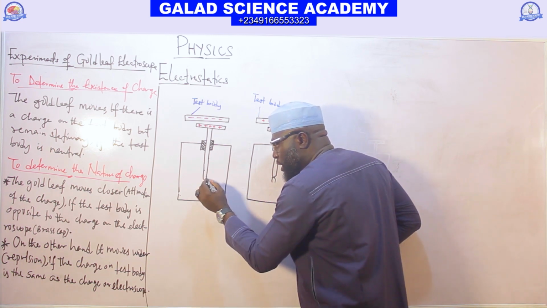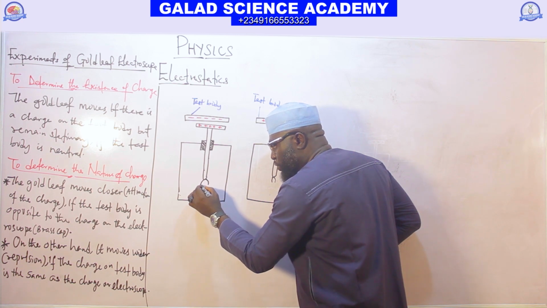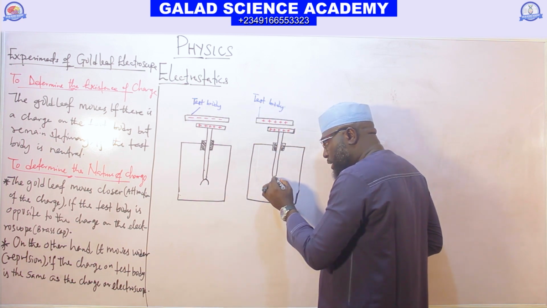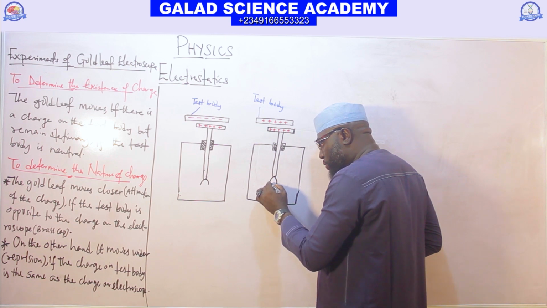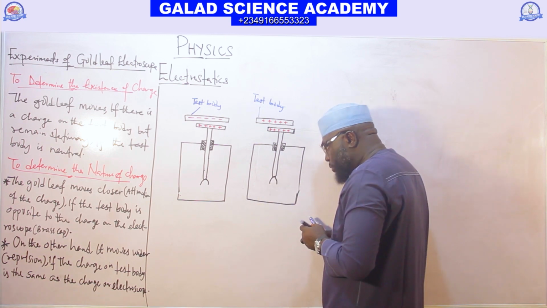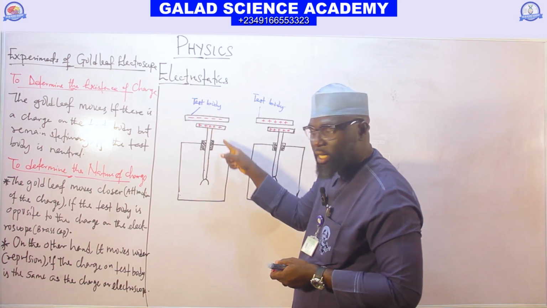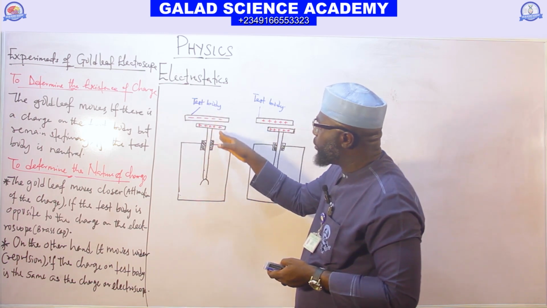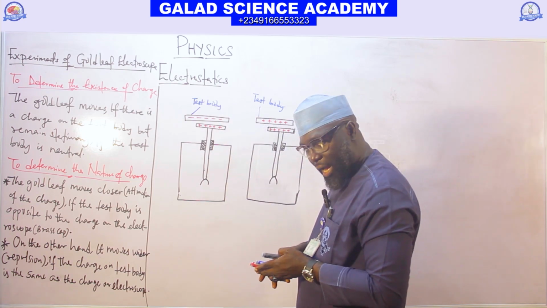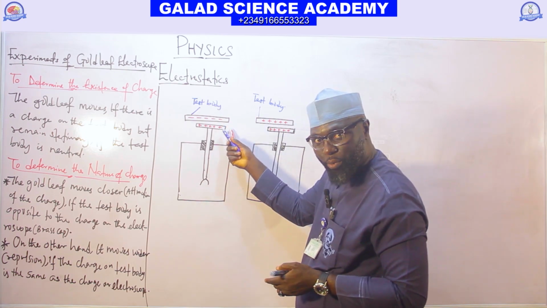This is the original position of the leaf. Between this test body and the brass cap, you observe that they will attract each other.